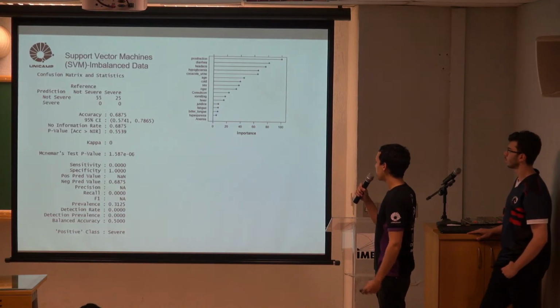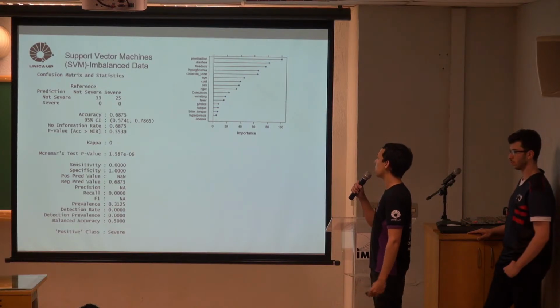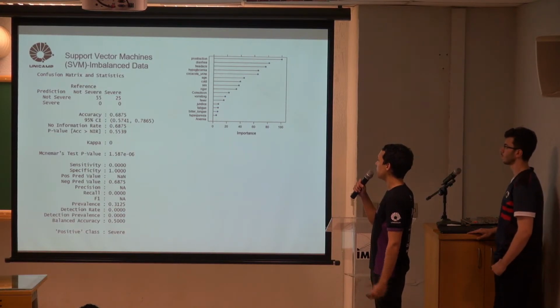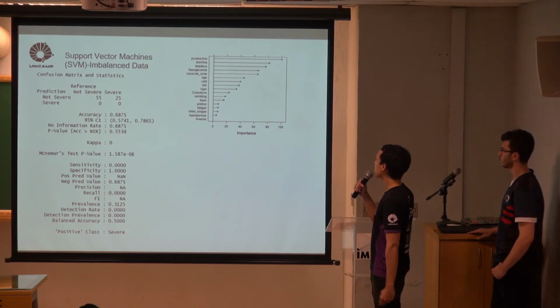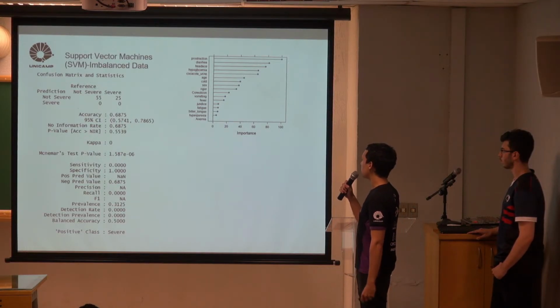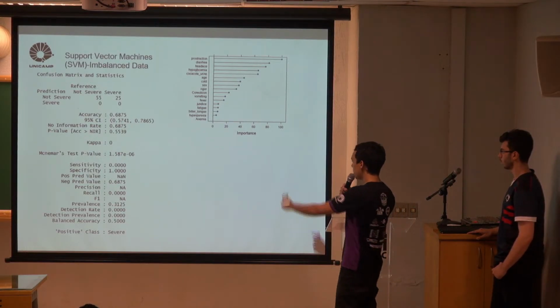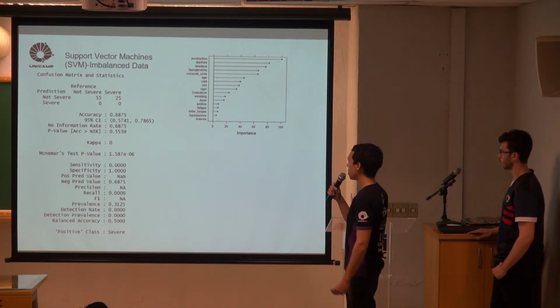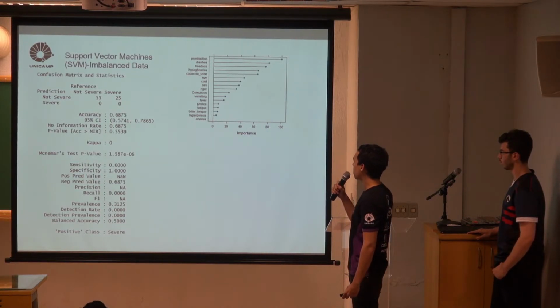The first model that we used was the SVM, that is support vector machines, and we did it with imbalanced data. Here we already can see a lot of metrics.